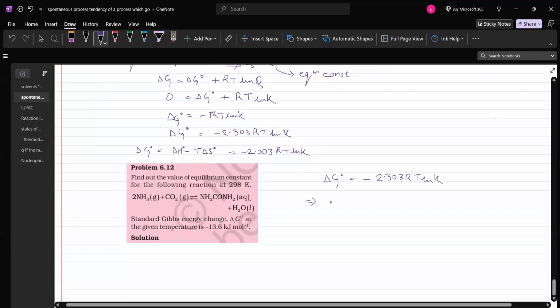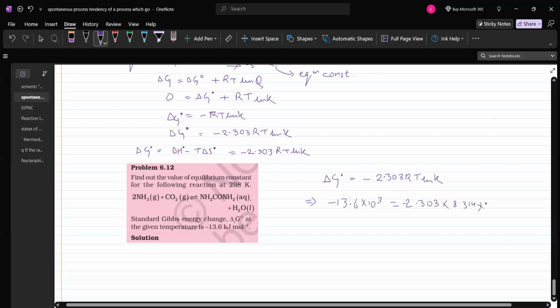So delta G naught is given, minus 13.6 kilojoule, is equal to minus 2.303. We will put the value of R, which is 8.314.